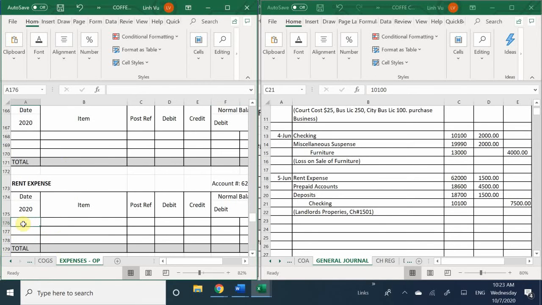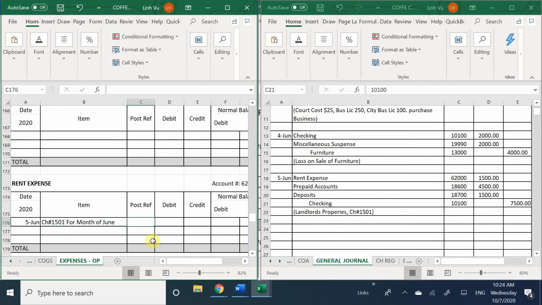Okay, so this is where I can go ahead and write the date in. I can also disclose that I wrote a check, check number 1501. And I can also make a note here that my rent expense is for the month of June.